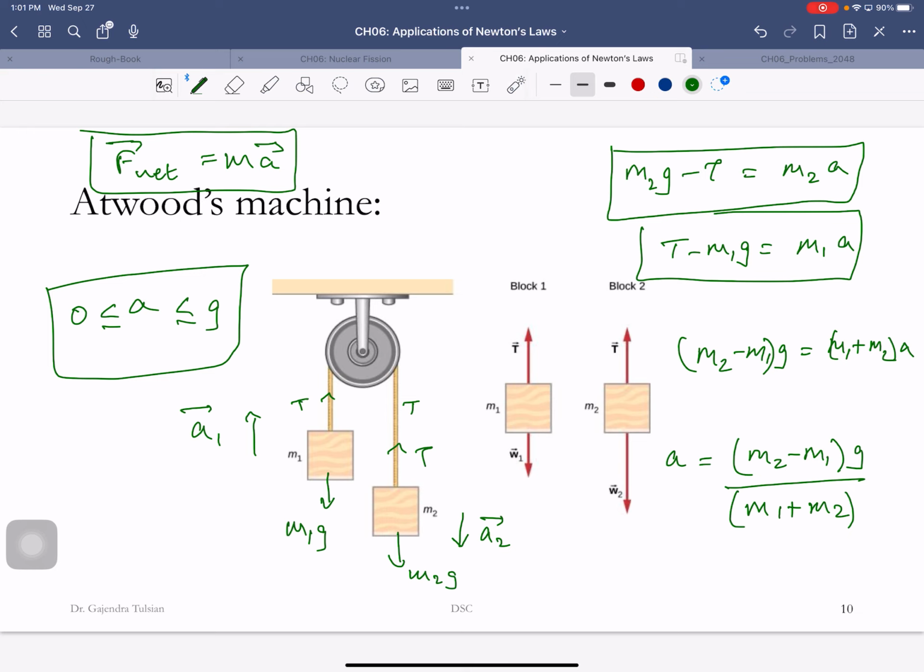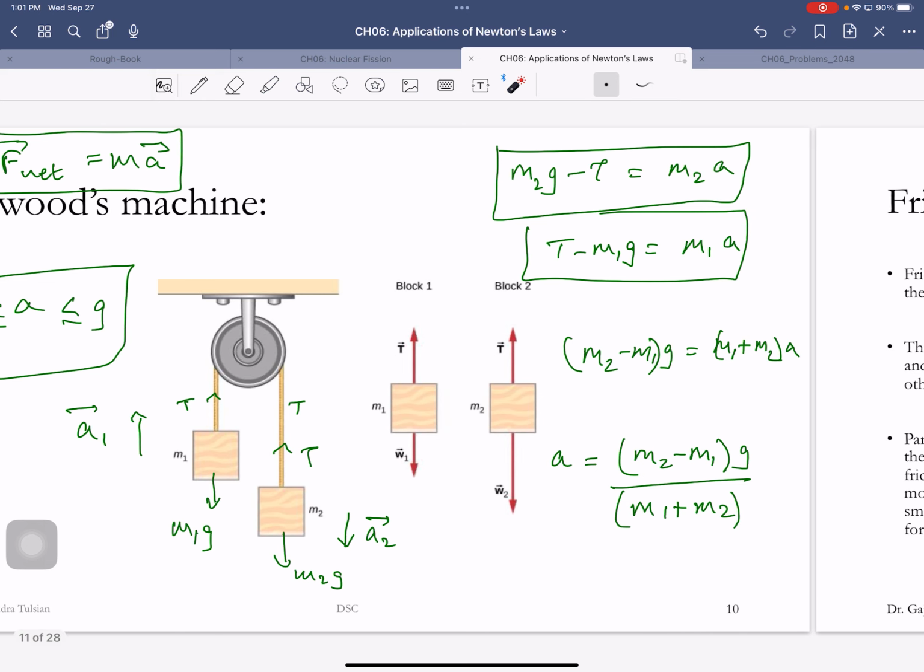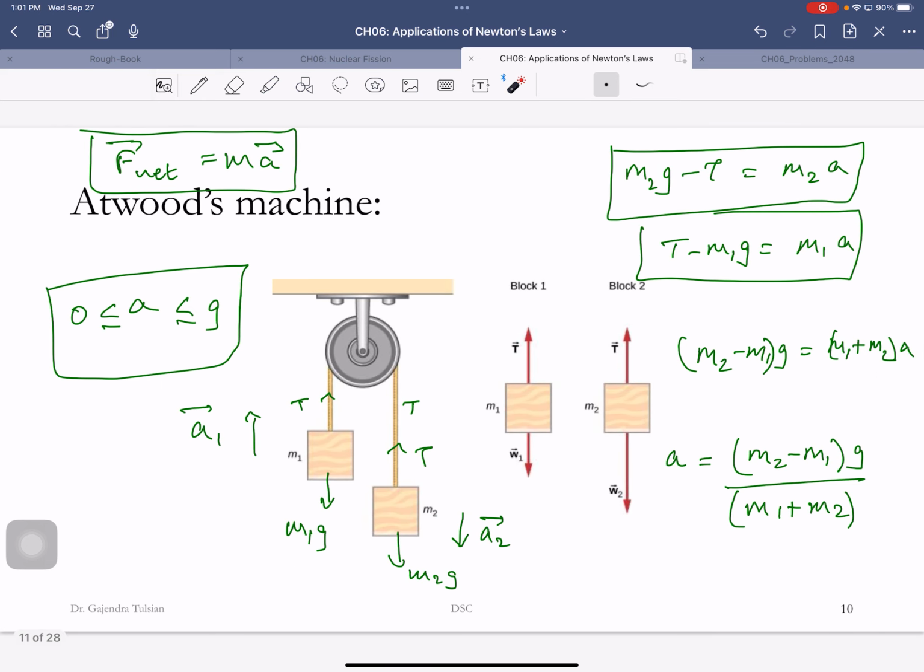You want any value between 0 and g. And actually, if you think about it, if m2 is 0, it would accelerate that way, so this can actually go between minus g and g, if you want to think of it that way. All right, so that's Atwood's machine.